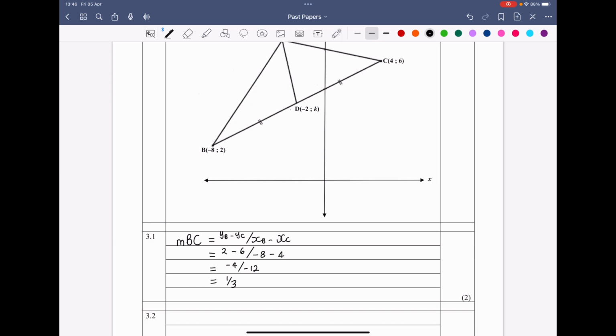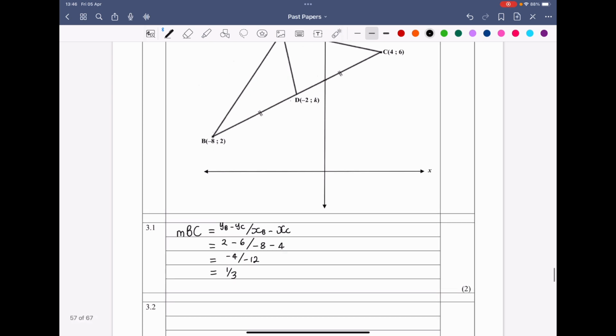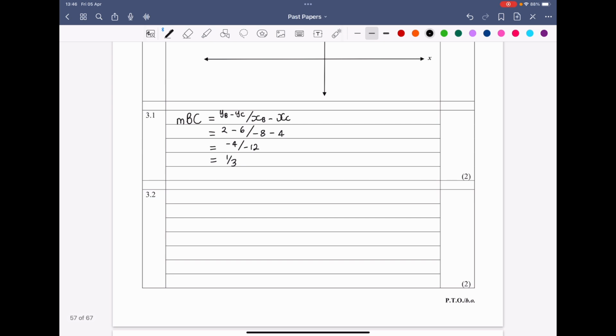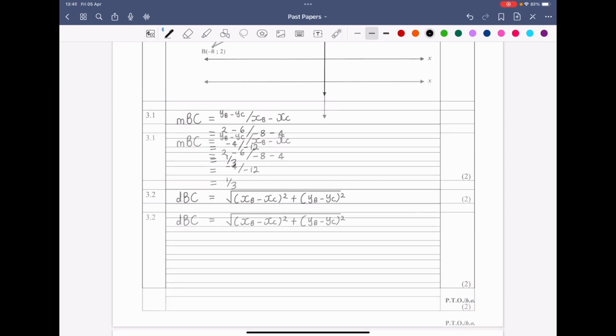Then 3.2 asks me to calculate the length of BC. So for the length, I can just use the distance formula. So I'm going to say the distance BC is equal to the square root of the x value of the one minus the x value of the other one squared, plus the y value of the one minus the y value of the other one squared.